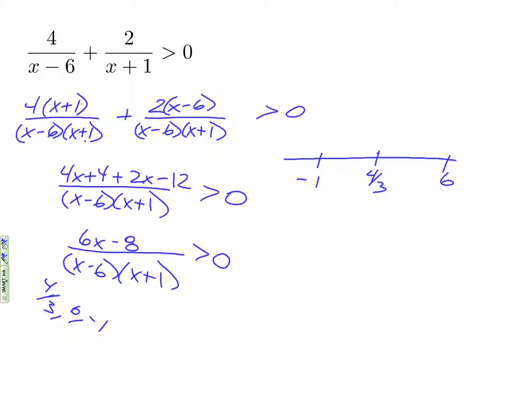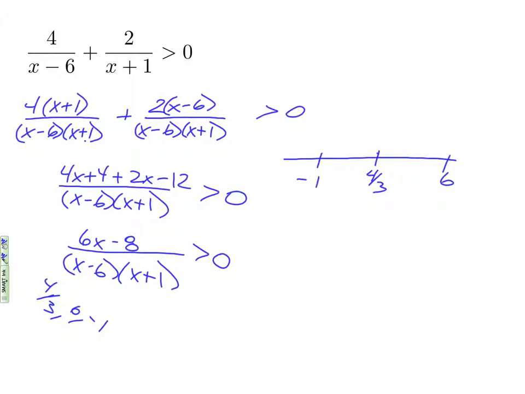They are asymptotes. Okay? So we need to put the asymptotes on the number line. What does that mean 4/3 is? It's a 0. Why is it a 0? Because we get zeros from the top, we get asymptotes from the denominator. So when you're doing rational inequalities, you need the zeros and the asymptotes on your number line.